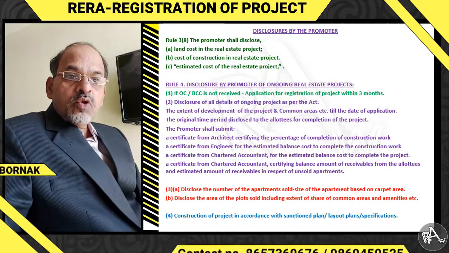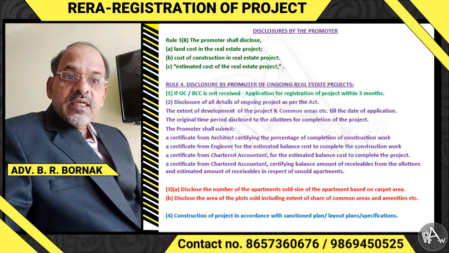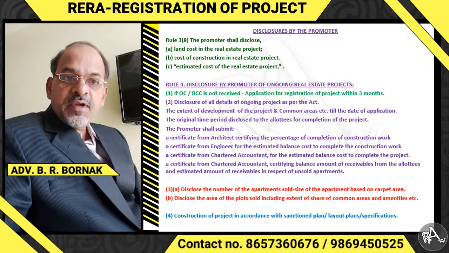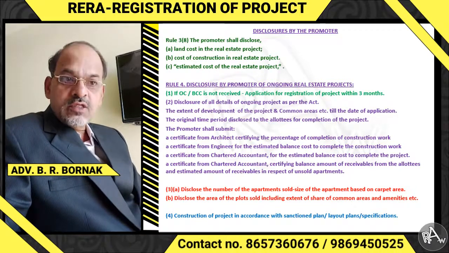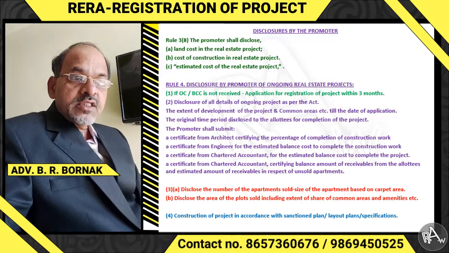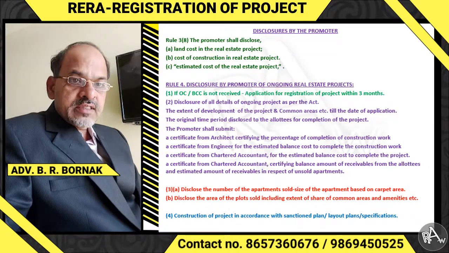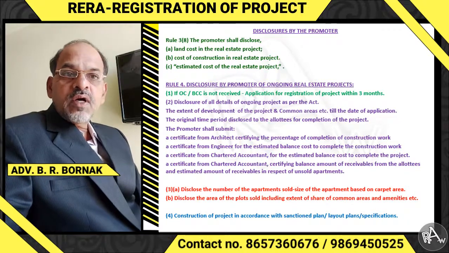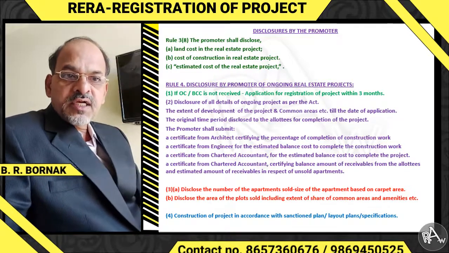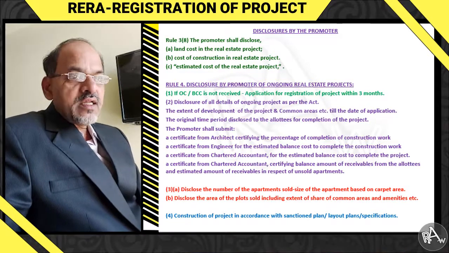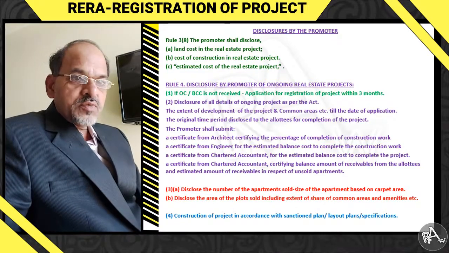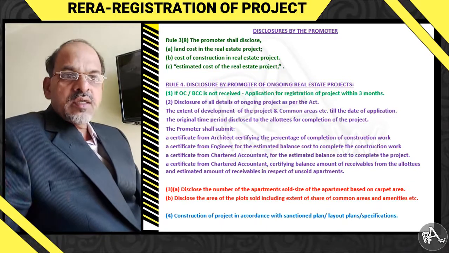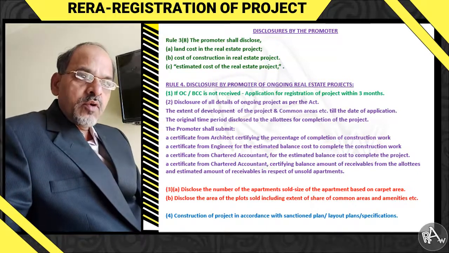If the OC or BCC, that is the occupation certificate or building completion certificate, is not received, the application for registration of the project must be made within 3 months. If the project is an ongoing project and within 3 months the occupation certificate or building completion certificate is not received, then that project has to be registered, and the promoter will have to apply for registration.